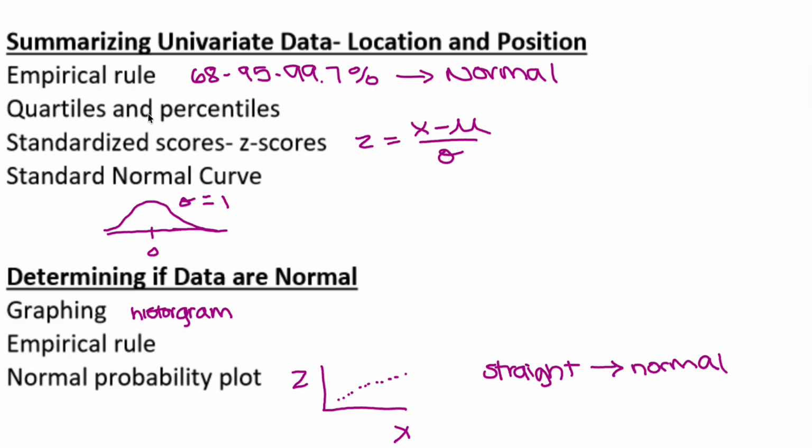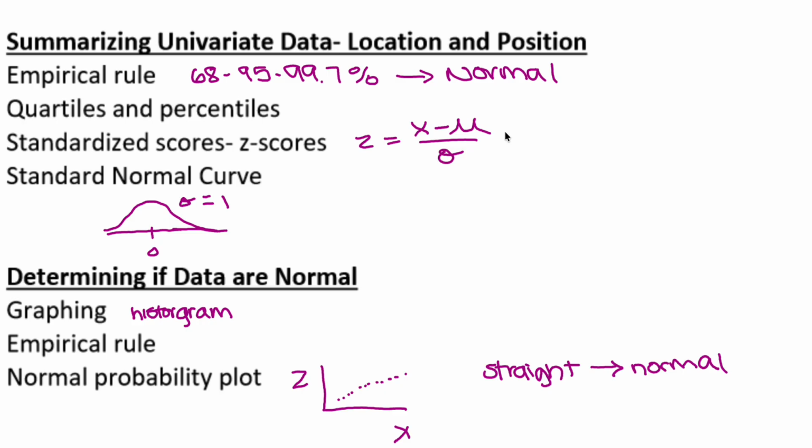For quartiles and percentiles, it's also pretty useful. And we use z-scores a lot. These are standardized scores, and the formula for z-score is x minus mu over sigma. So basically, the question will give you a normal curve and the mean and standard deviation for it, and it will ask you to find what percentage of that curve corresponds with what x value.